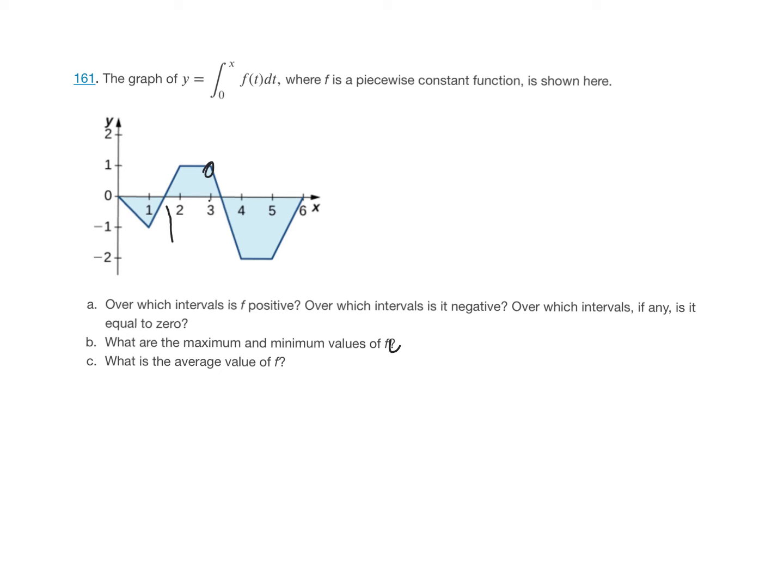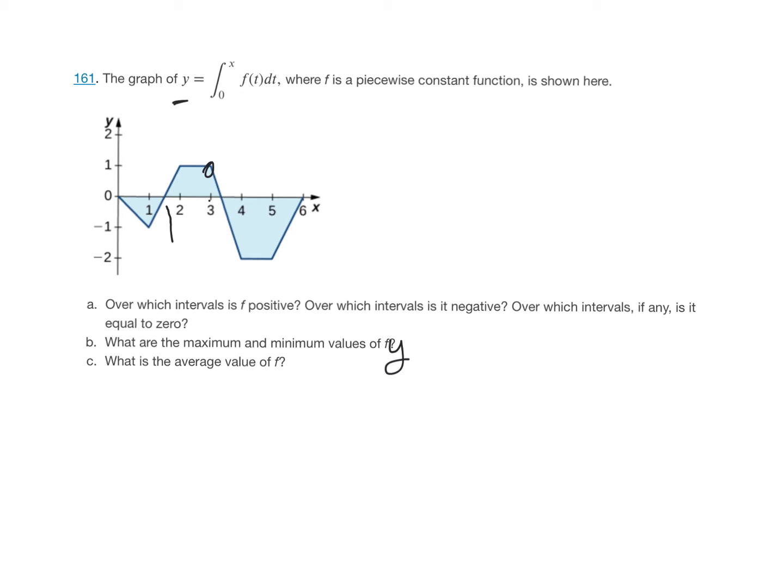What are the maximum and minimum values? I wanted to ask you why. When does it have a maximum or minimum value? Okay. So what we want to do is think about, remember back when we talked about the extreme value theorem, it said we had to test the endpoints.